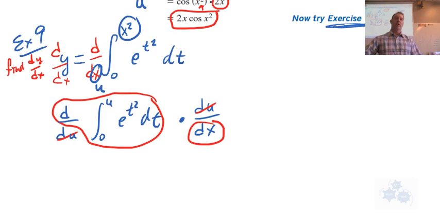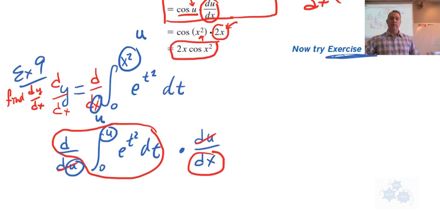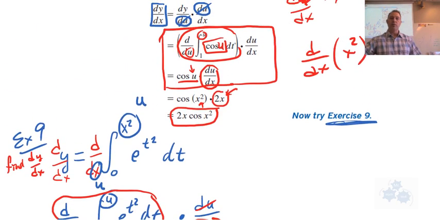Okay, so we're getting close here. Now this is a u and this is a u. So according to the example we just did, once we have this, we can just put the u in there.